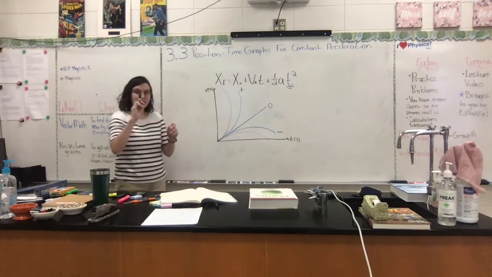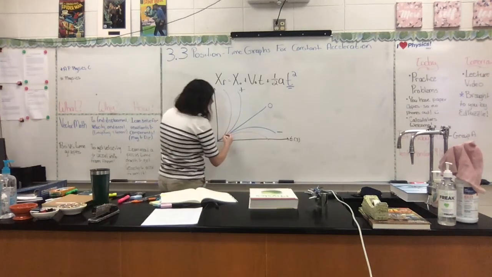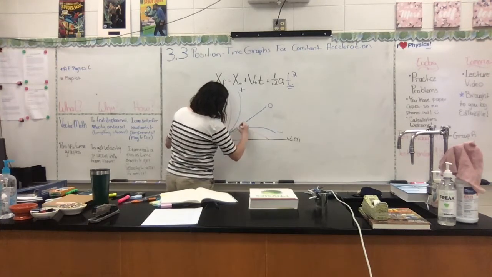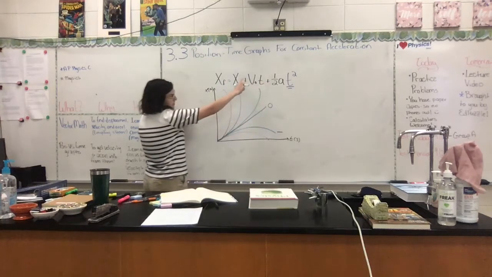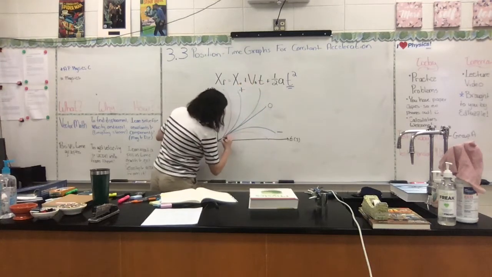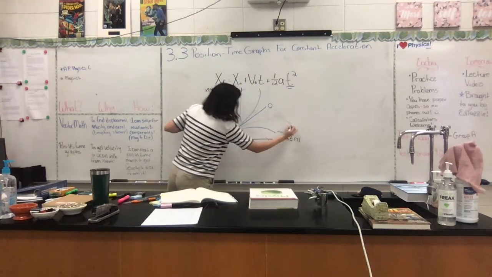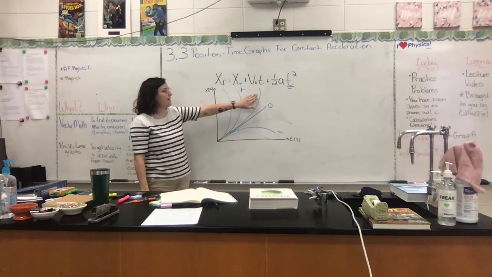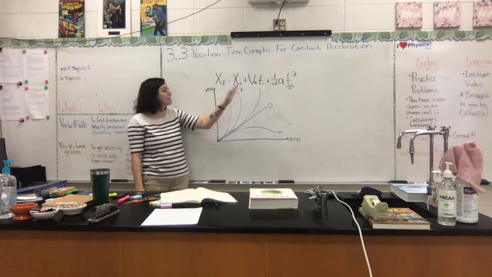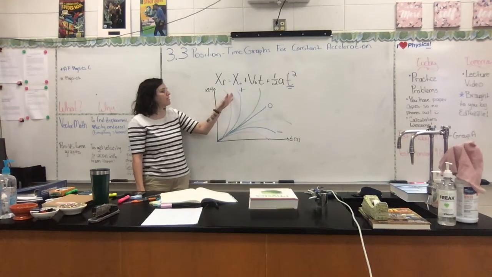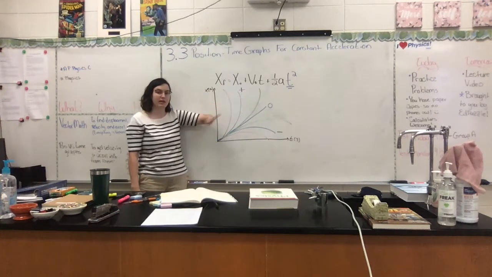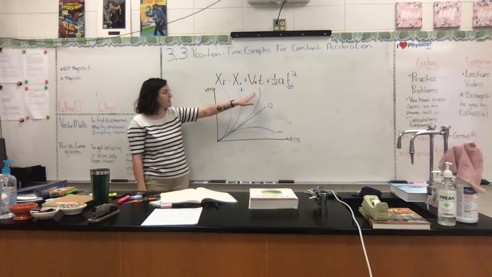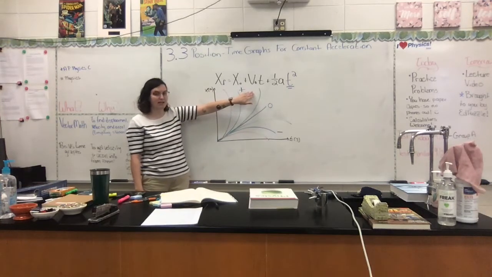So let's look at it in green. If I use green, and now my line's going like this, and this line is going like that, does the green line have a more positive acceleration than the blue line, or a slightly less positive acceleration than the blue line? Well, the answer would be that its acceleration is slightly less positive.